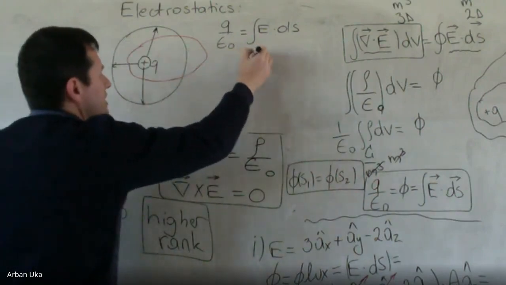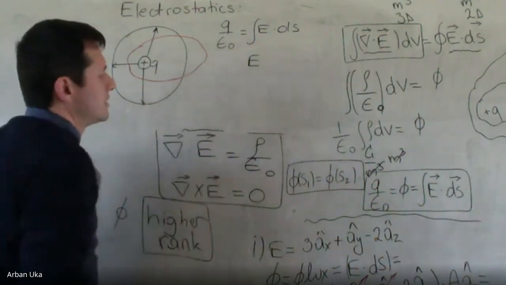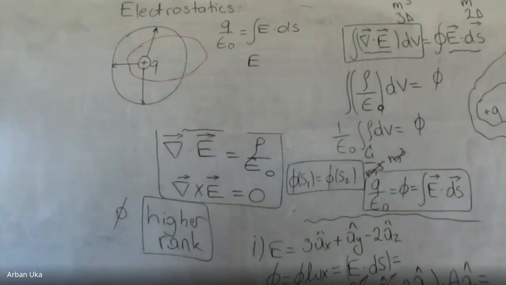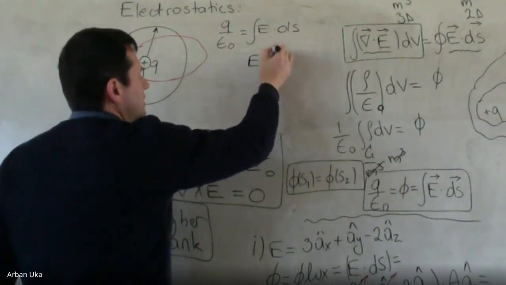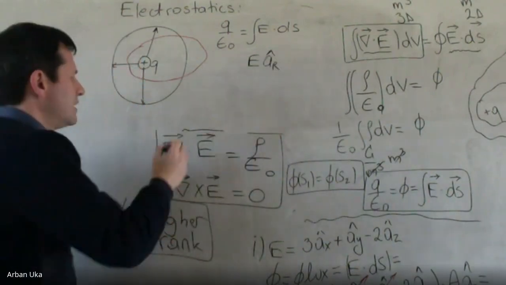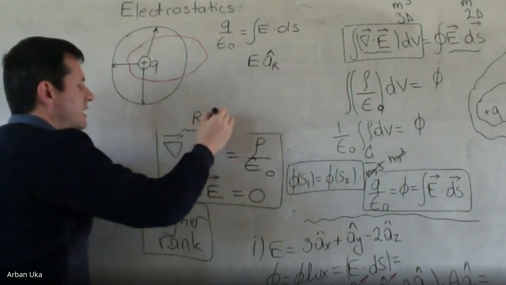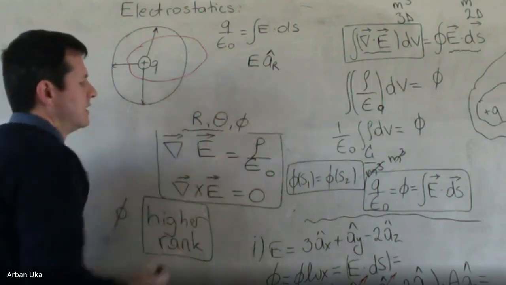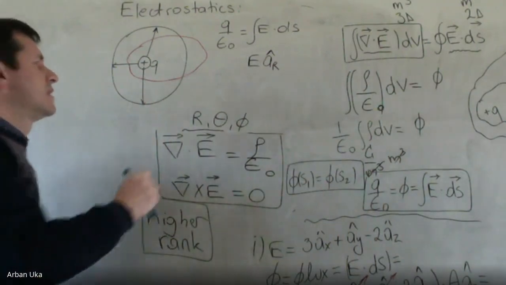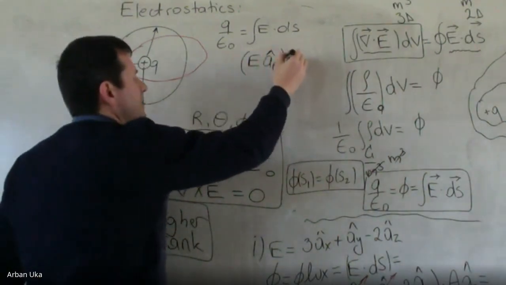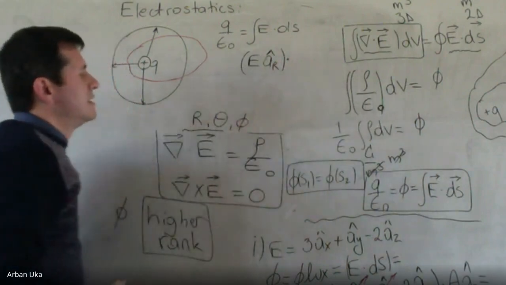So this is a constant value, and this electric field will have a direction which, in spherical coordinate system, will be AR, okay? Just as a reminder, in spherical coordinate system, we have R, theta, and phi. So if the electric field is pointing out of this spherical area, then we take the dot product with this dS.